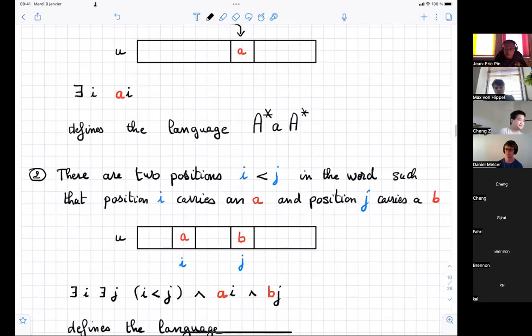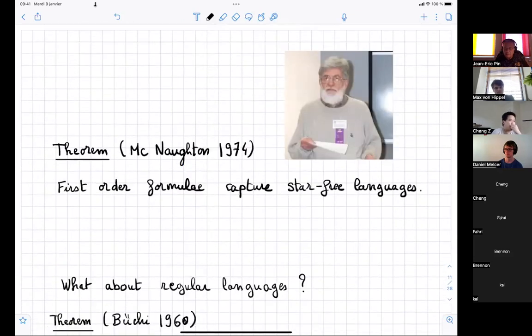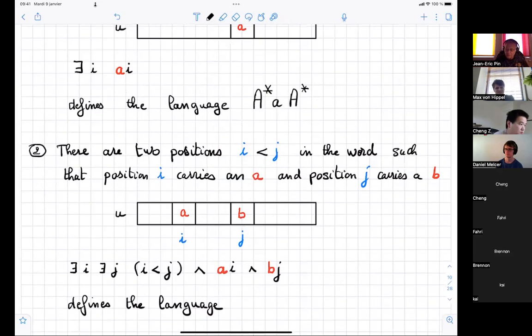Now, almost the same. Now I'm saying there are two positions, i before j. i carries an a, and j carries a b. So in terms of logic, I would write it in this way.